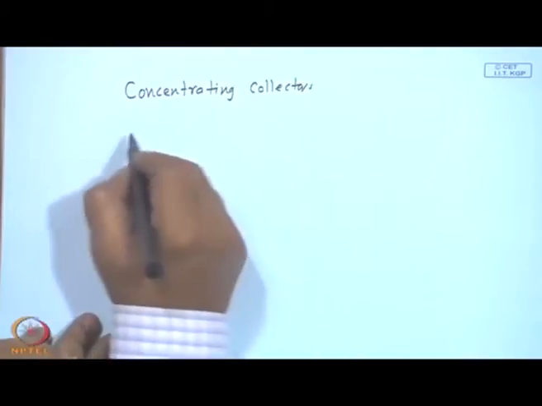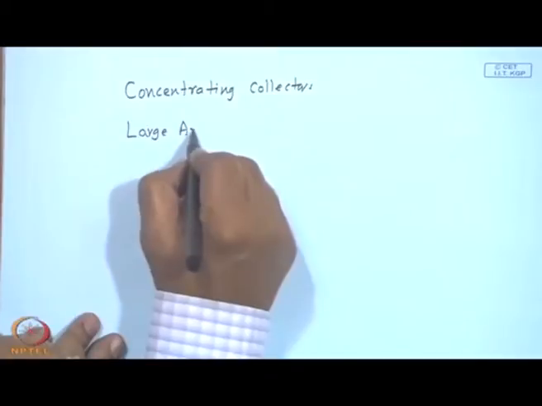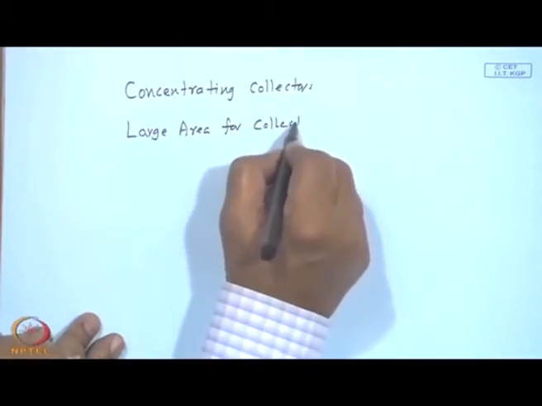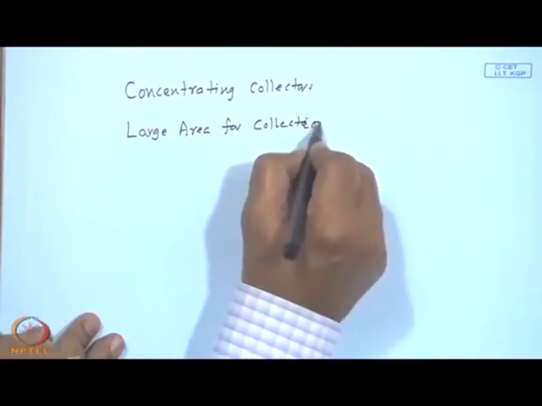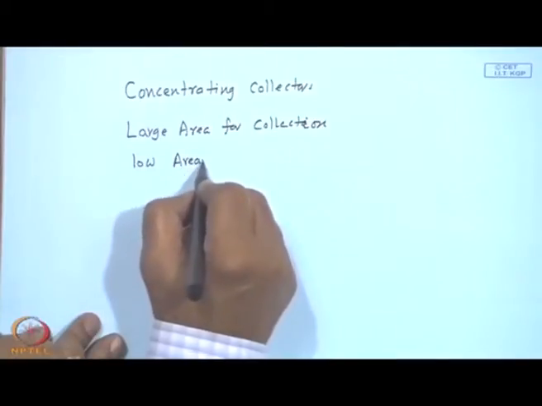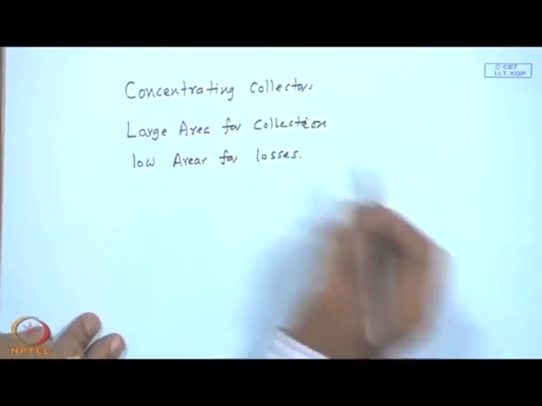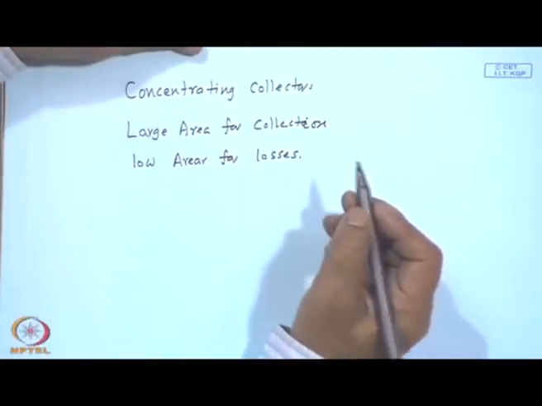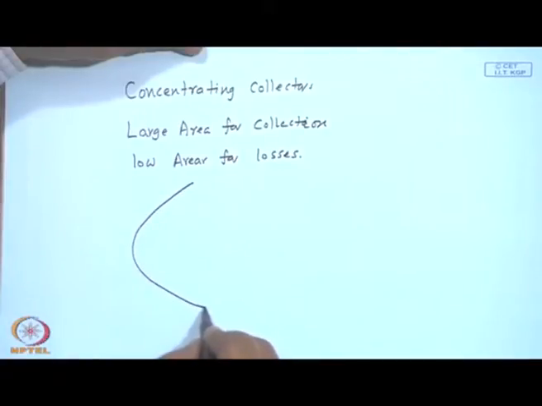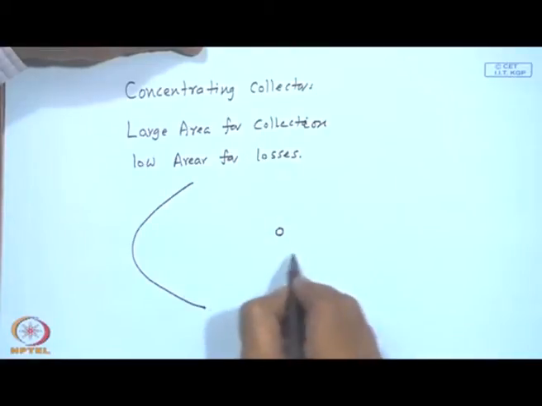The principle is large area for collection and low area for losses. One such configuration could be, let us have a parabolic dish like this and a receiver over here at the focal point.